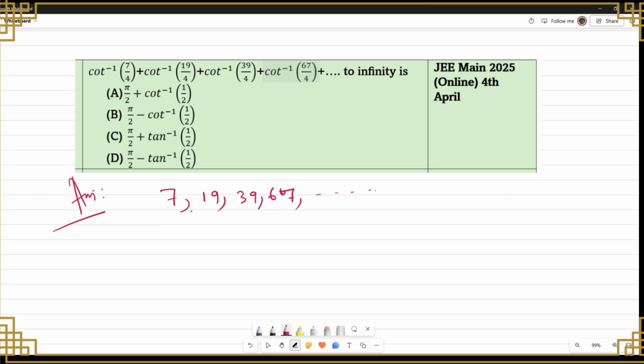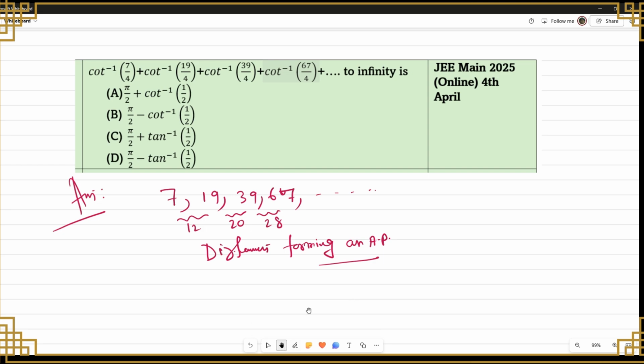And if you see their difference, 12, 20, 28. So this difference is forming an AP, isn't it? So hope you'll be able to find the nth term.